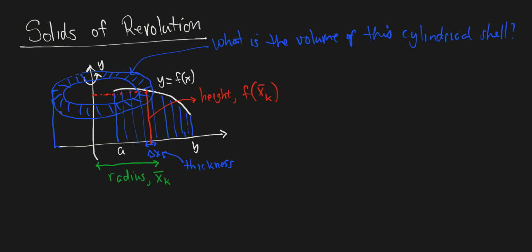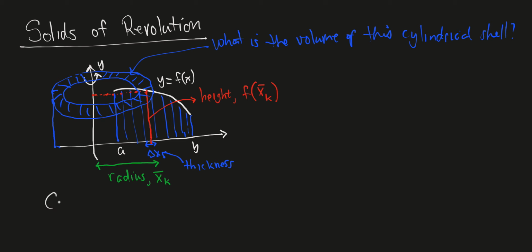Well, the cross section here of the shell is circular. It's a circle, and I know its radius, right? So the distance all the way around the shell is the circumference of a circle of radius this value. So let's write that down.